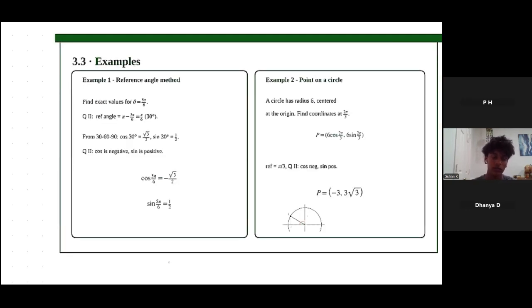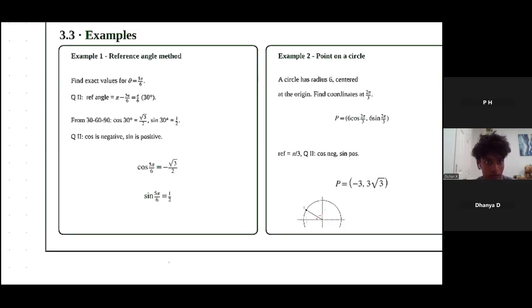Here, find the exact values for theta equals 5 pi over 6. So that's 30 degrees, right? And so then you can make a triangle. In this circle, 30 degrees is somewhere over here, so it makes a triangle like that. This becomes 30, 90, 60, and this is for the unit circle.